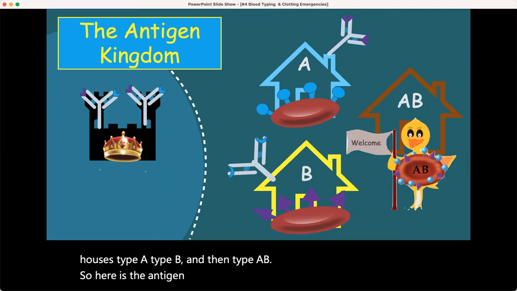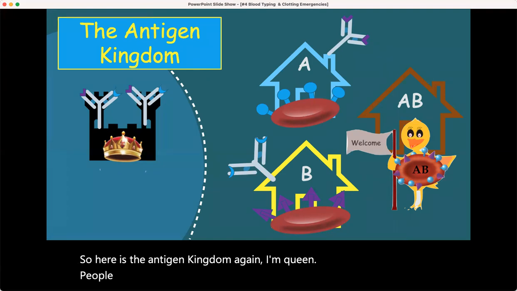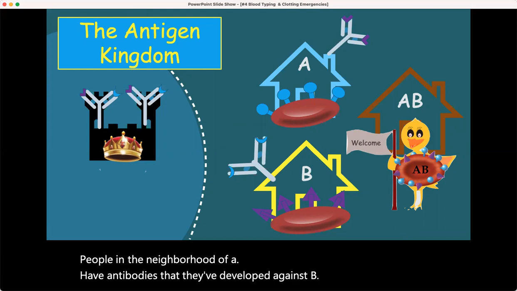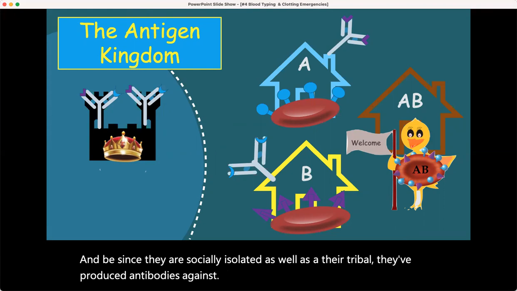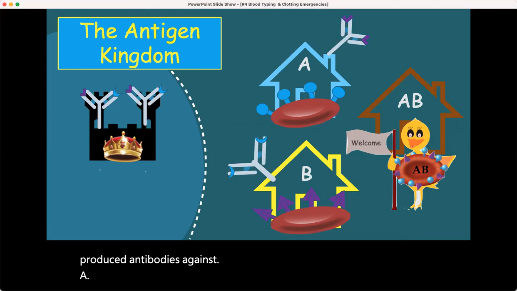Again, I'm Queen O. People in the neighborhood of A have antibodies that they've developed against B. And B, since they're socially isolated, as well as A, they're tribal, they've produced antibodies against A. And AB are pretty much anybody's welcome.